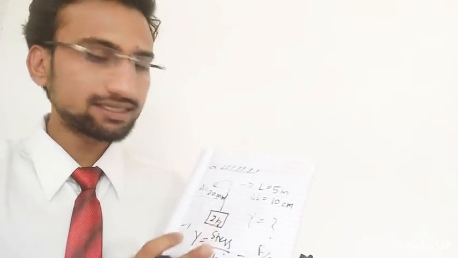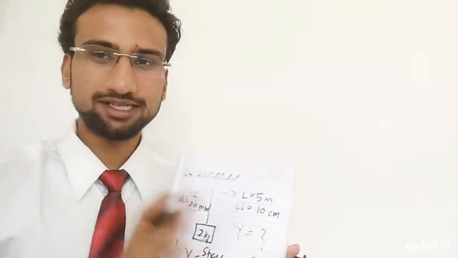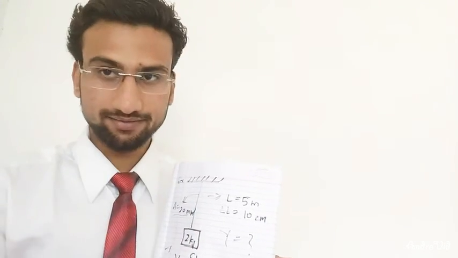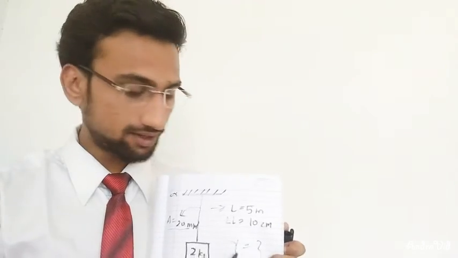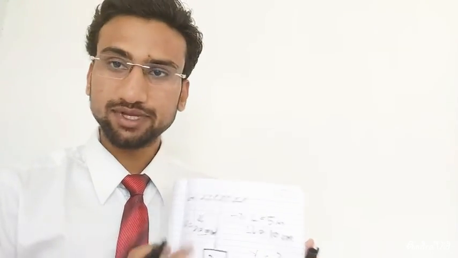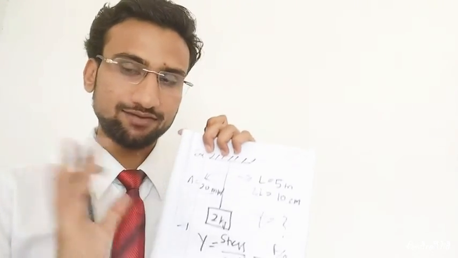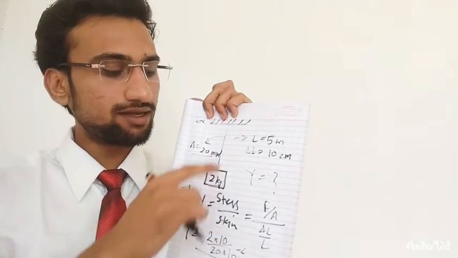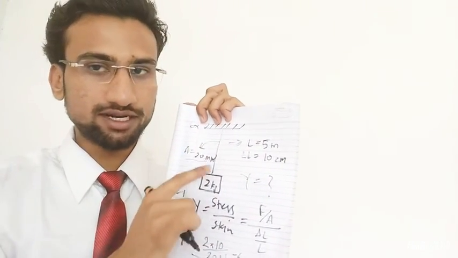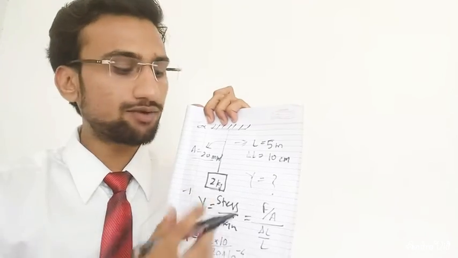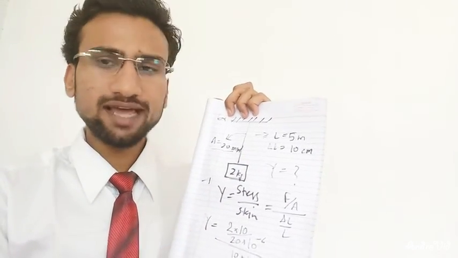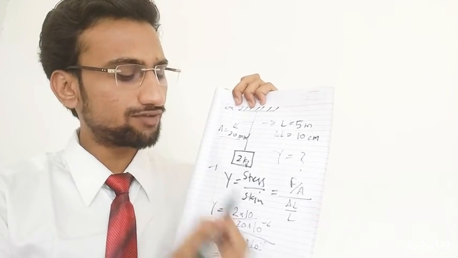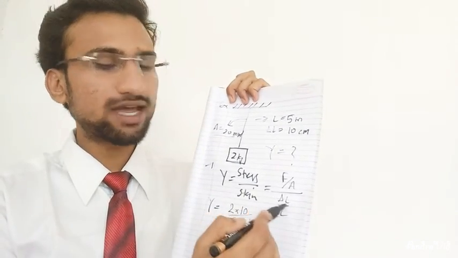Now this is one of the simplest problems for this concept. The question may be varied. Here we are dealing with values of Young modulus, change in length, stress and strain. The question may be that the Young modulus for this string is given, and we are asked what the change in length, the increment in length, will be. So if this value is given, we have to calculate this one.